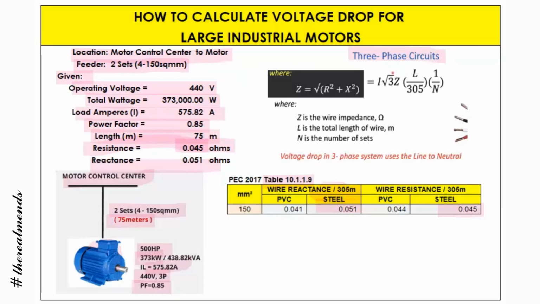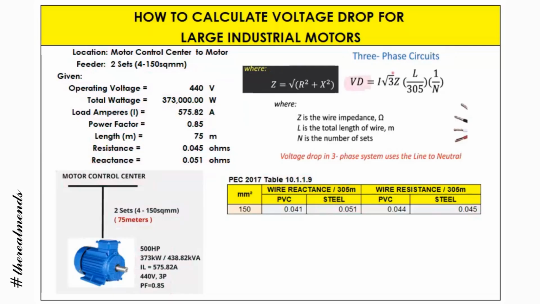Actually, this formula is coming lang dito sa PEC 2017, medyo simplified lang. Which is, the voltage drop, VD, is equals to I times square root of 3 times Z, the impedance, times L over 305, and then multiply by 1 over N, where Z is the wire impedance expressed in ohms.